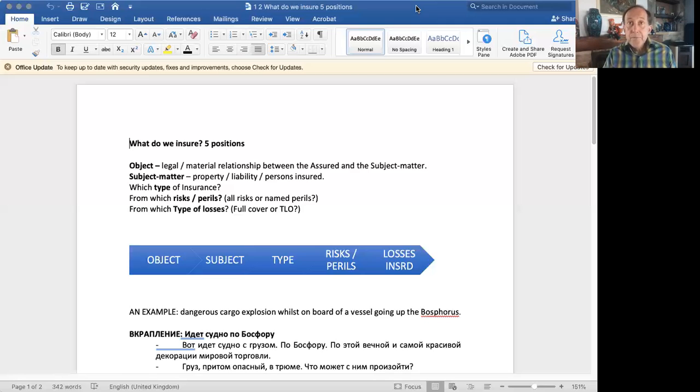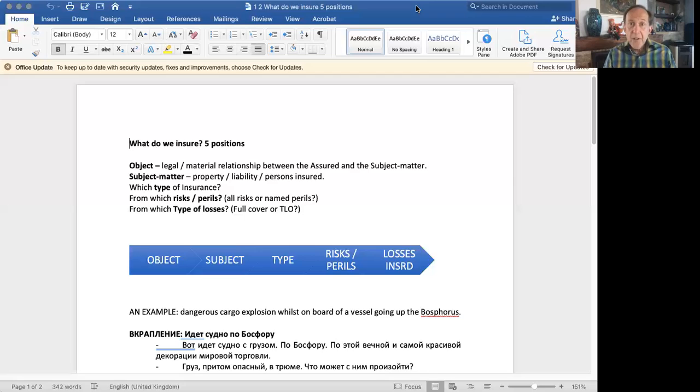Loss number two, if there are any remains of the barrels in which cargo was carried, when the vessel arrives at the port of discharge, let's say Novorossiysk, these remains of the barrels will have to be discharged. We call them debris. We call these additional expenses debris removal. So that's position number two.